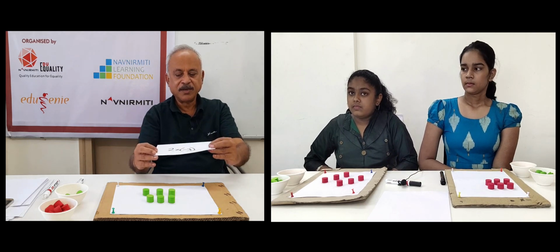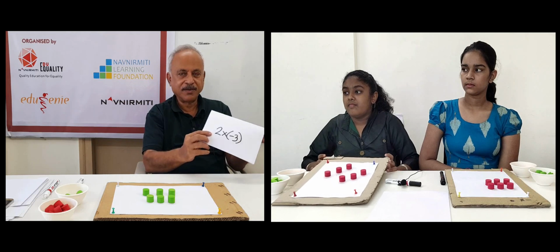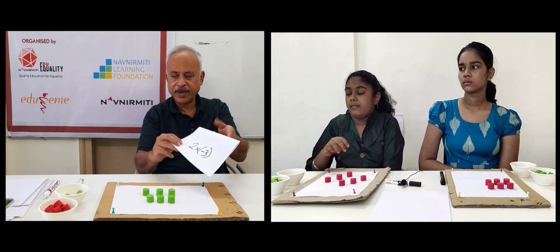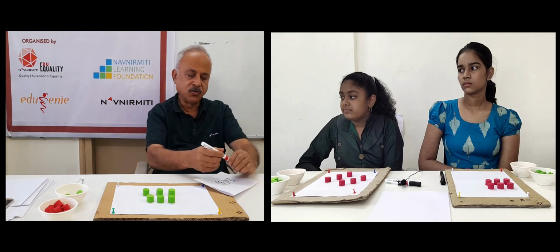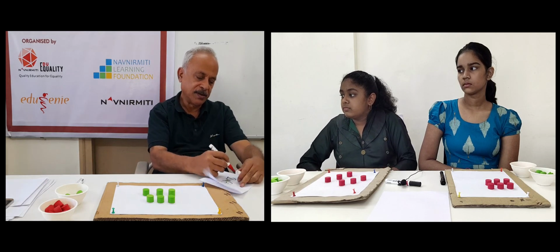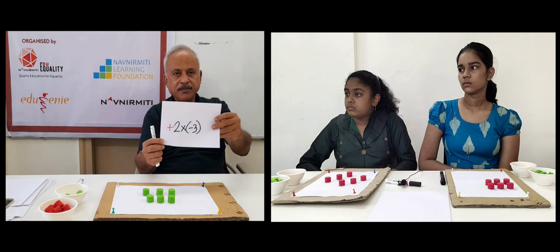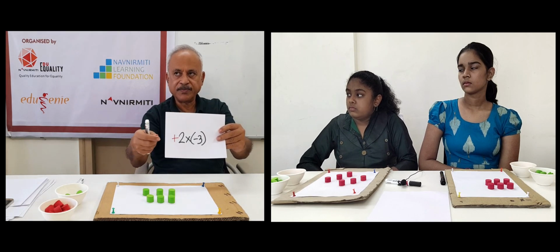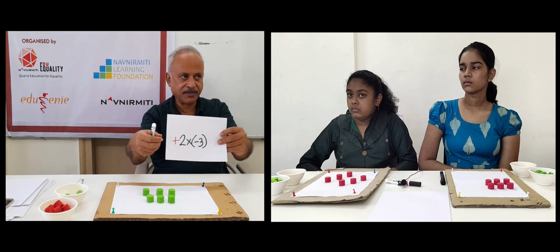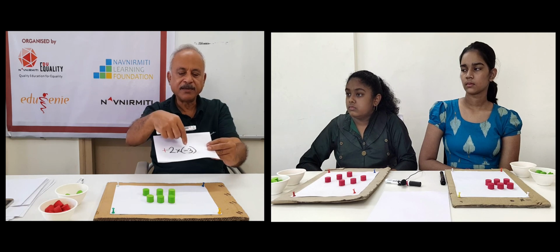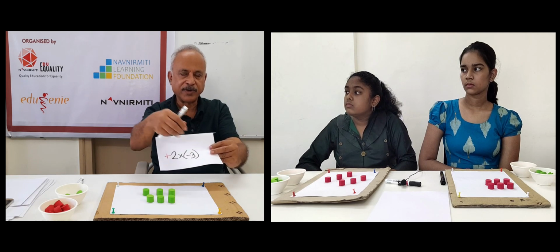Alright? Now this 2 here is actually plus 2. Plus 2 means 2 operations. But this plus I'm writing in red because it is a positive operation. Adding. Right? And what am I adding? I'm adding negative 3 2 times.